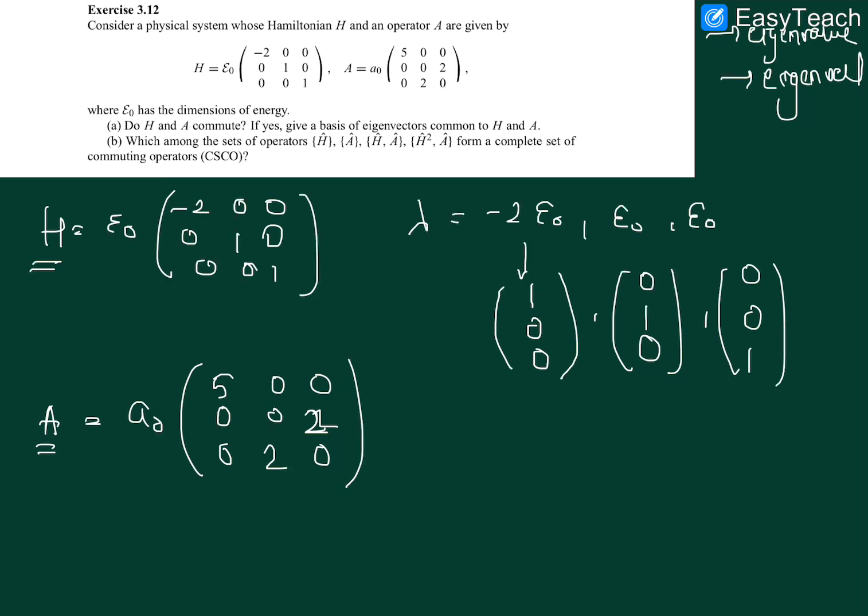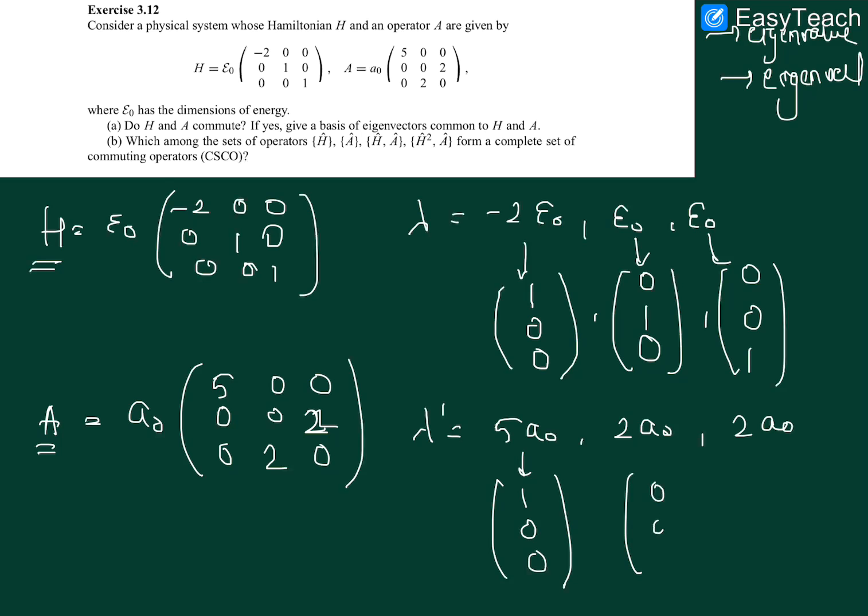The eigenvalues are 5a0, 2a0 and 2a0, and the corresponding eigenvectors are 1 0 0, 0 0 1, 0 1 0.